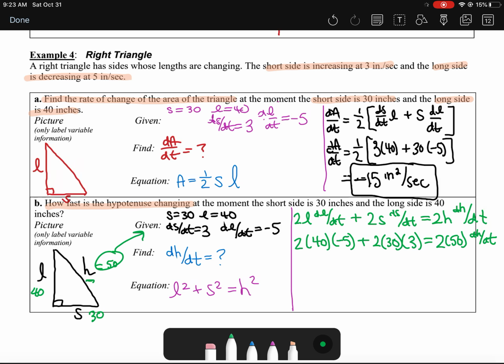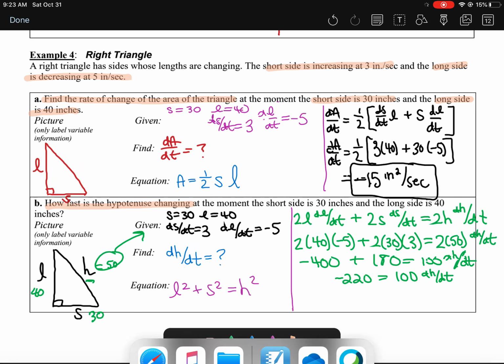Okay, so now we just need to figure this out. So I have negative 400 plus 180 equals 100 dH/dt. So negative 220 equals 100 dH/dt. Well, to get dH/dt by itself, I'm going to divide.